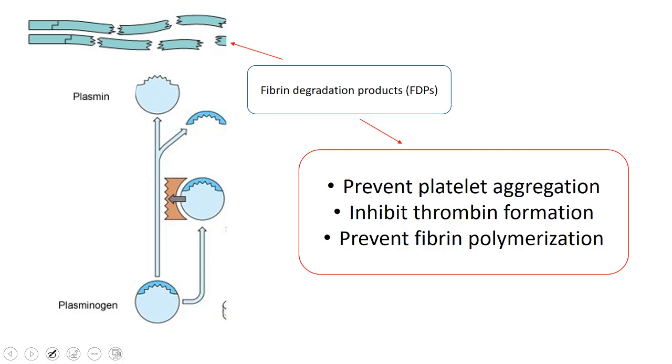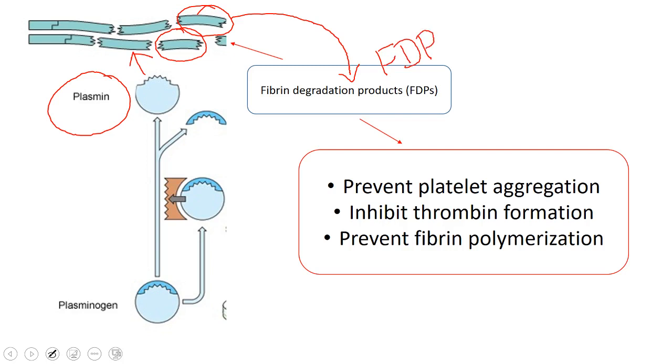Physiologically, for doing this, we have a substance in the blood called plasmin. So plasmin cleaves the fibrin meshwork into small molecules which are referred to as FDPs, fibrin degradation products.